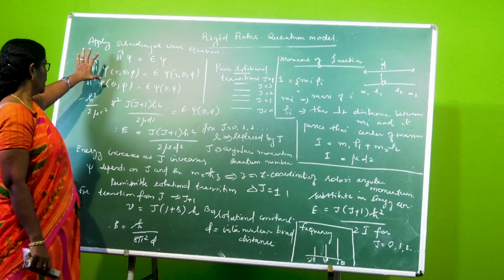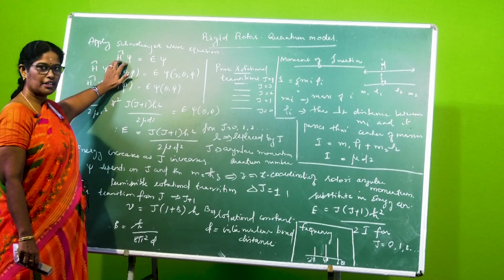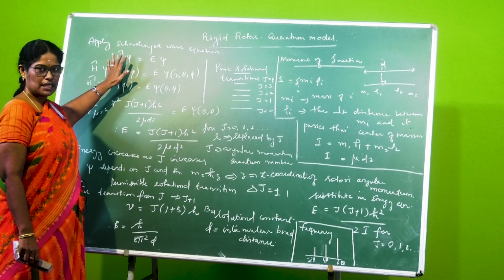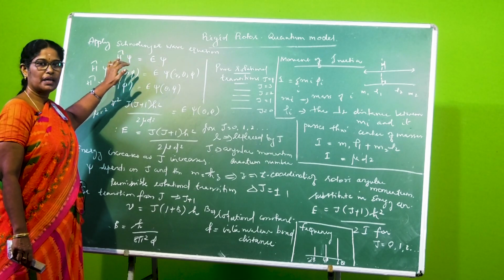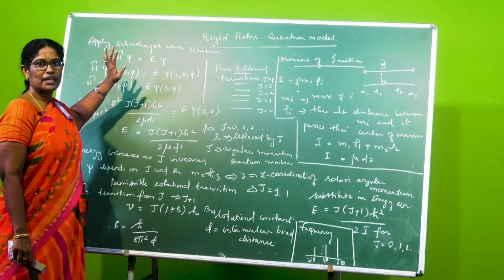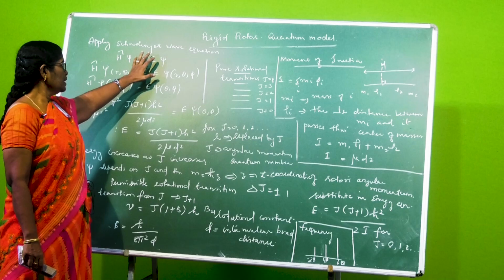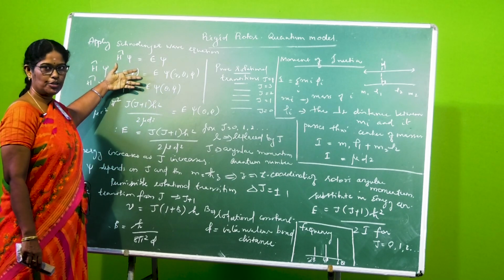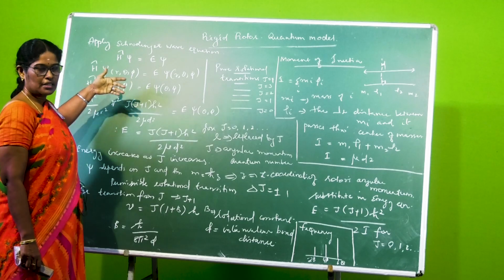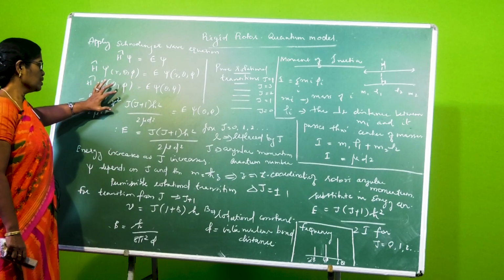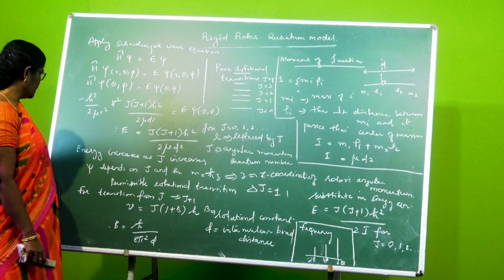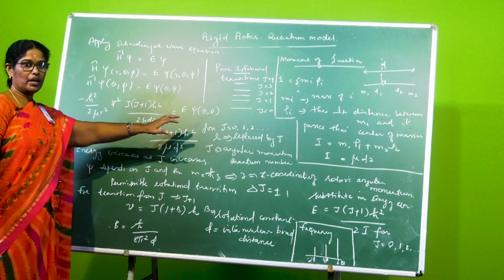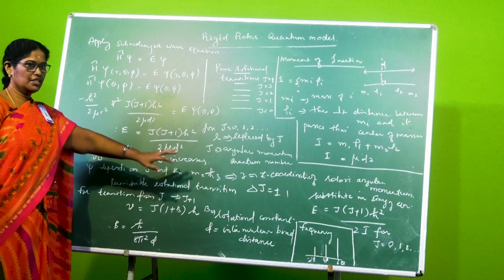As we substitute the reduced Hamiltonian and the wave function psi, represented by only the polar spherical coordinates theta and phi, and carry out the operations, we get the energy expression E equal to J into J plus 1 into H bar square divided by 2 mu d square.